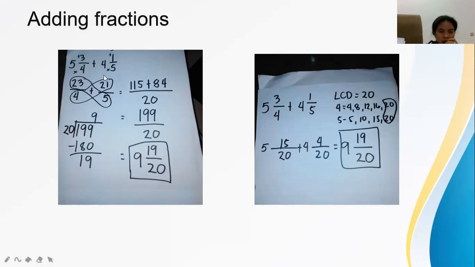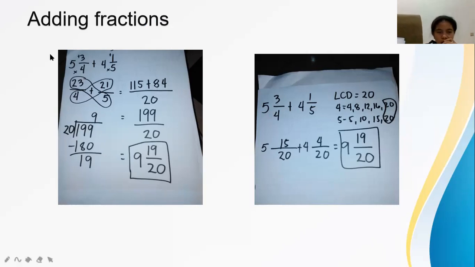Adding mixed numbers. So first, we are going to make our mixed numbers into improper fractions. They are both mixed numbers, 5 and 3/4, and 4 and 1/5.